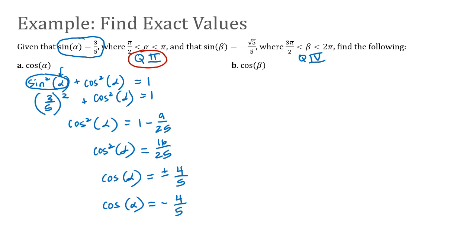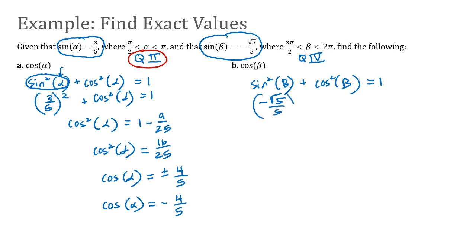Going to use the Pythagorean identity again. Of course, in this case, sine squared beta plus cosine squared beta is equal to 1. I'm going to substitute in this whole sine of beta for the sine of beta, and then I'm going to square it.